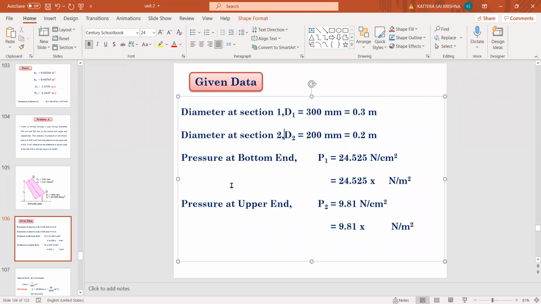After that, pressure values are given. Pressure at the bottom end, P1, is equal to 24.525 Newton per centimeter square. Convert this Newton per centimeter square into Newton per meter square.